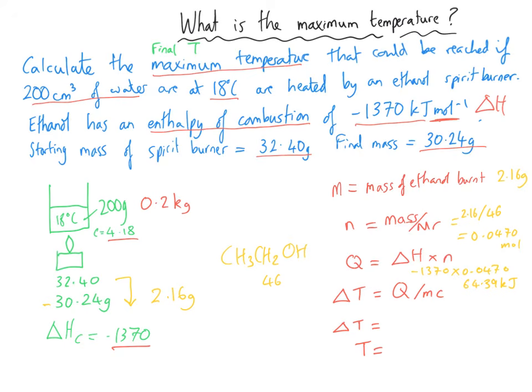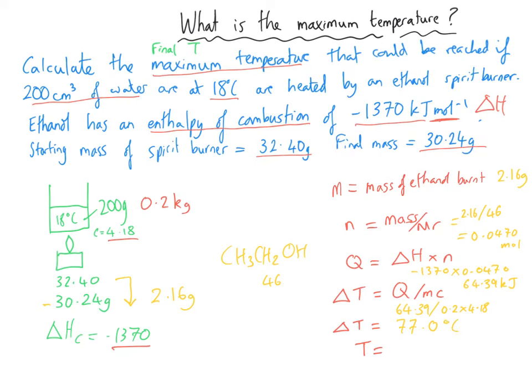Now we can ditch the negative sign here because energy is a scalar quantity and we don't need that negative sign at all. Then the delta T is Q, 64.39, divided by mc, so 0.2 times 4.18, and that gives us a delta T of 77.0 degrees C.